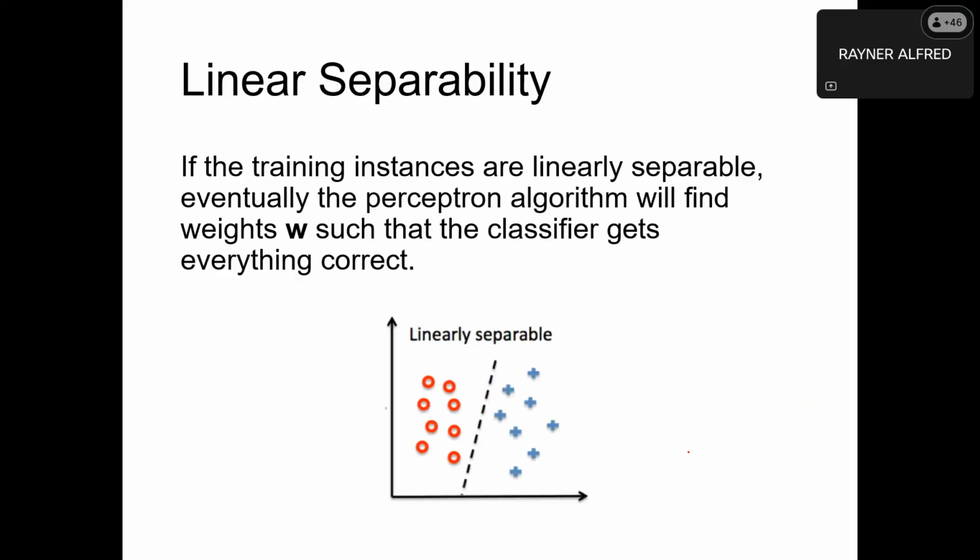Okay. So in this example, if the training instances are linearly separable, eventually the perceptron algorithm will find the weights, will optimize the weights such that the classifier gets everything correct.